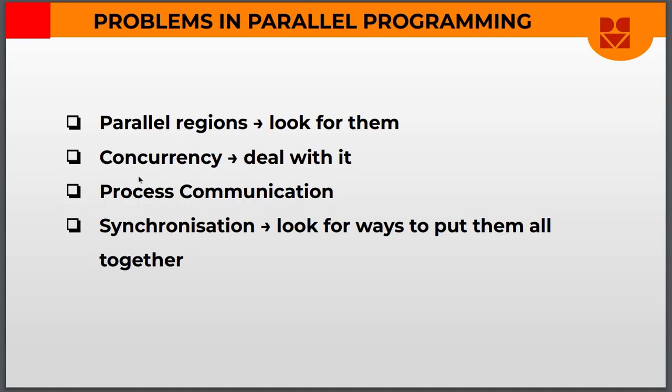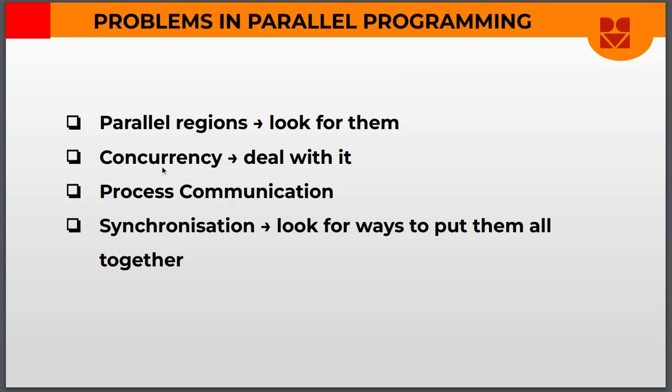The next one is concurrency. You have to look for a way to write or run these parallel codes such that they run at the same time, and then the serial side can continue running. The concurrency has to be done in such a way that one portion of the parallel code won't finish running and be waiting for another portion before it continues.